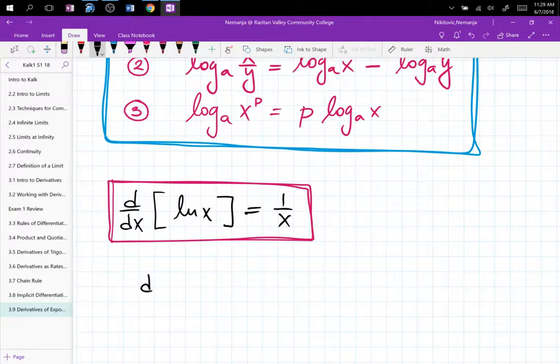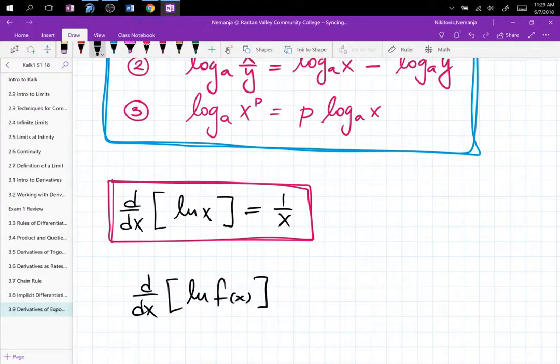And that one would say the derivative of ln of f of x. So now you have whatever function there. Now this is how easy it is. Take the argument as is and copy it in the denominator, so f of x, and put its derivative on top. That's it. That's all it is.